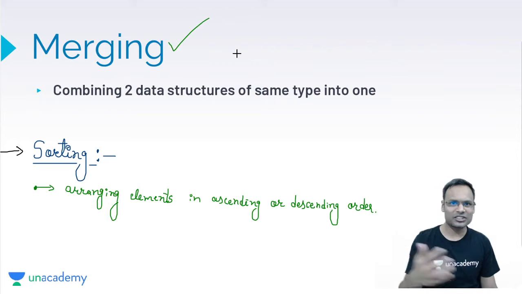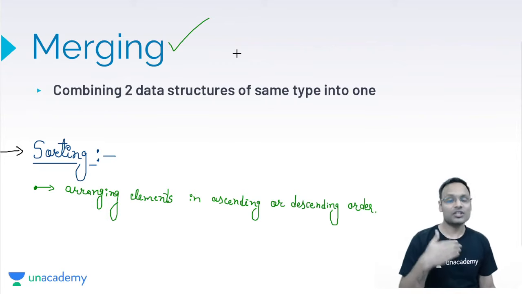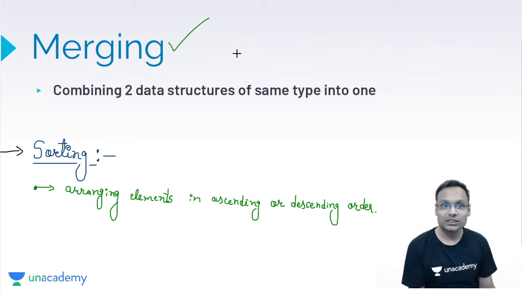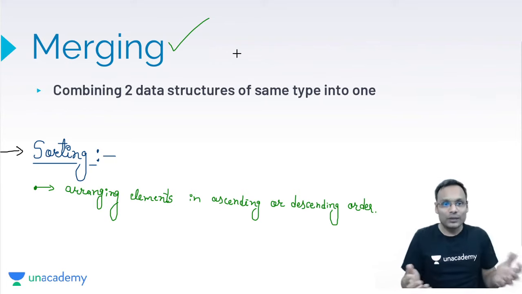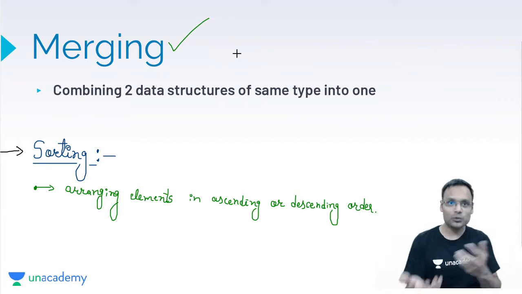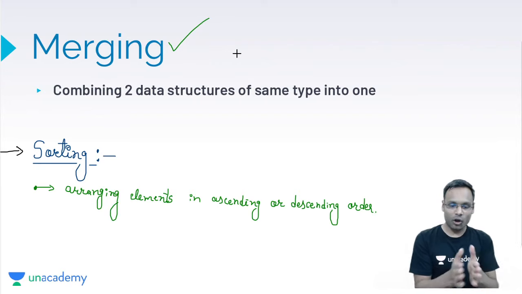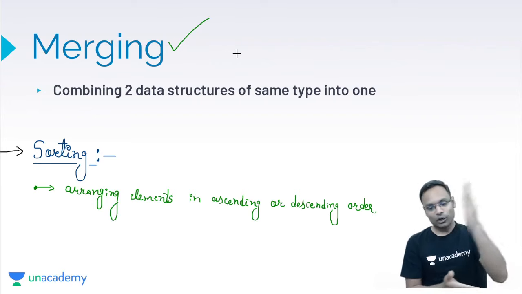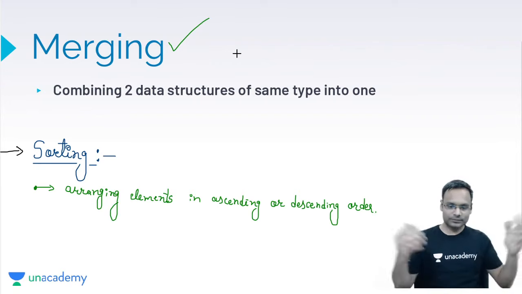Like in the array, insertion, deletion applied, yes. Searching applied, yes. Sorting applied, yes. Merging applied, yes. Linked list sorting applied, yes, we can do it. Merging, yes, we can do it. Insertion, deletion, of course we can do it. So whatever operations are required, that operation we will provide, otherwise not.